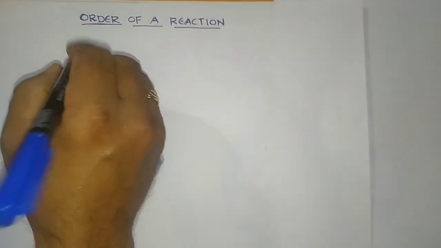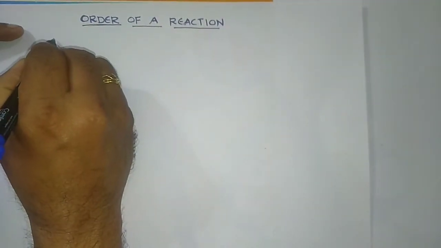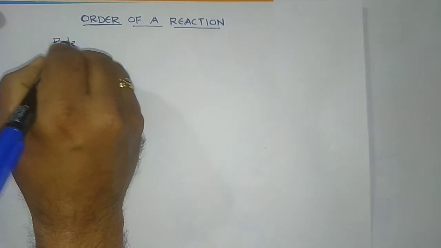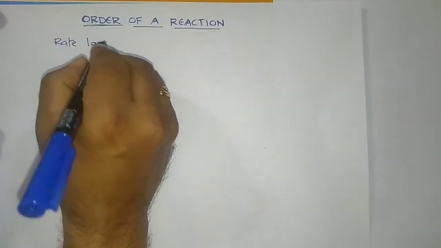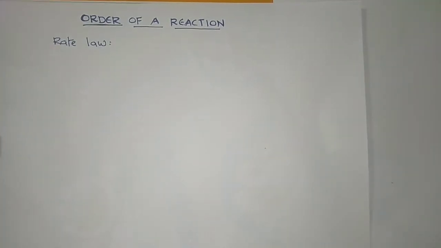First, we need to know what rate law is. Last class we already discussed what rate law is. Rate law is the quantitative relationship between the rate of a chemical reaction and the molar concentration of the reactant.